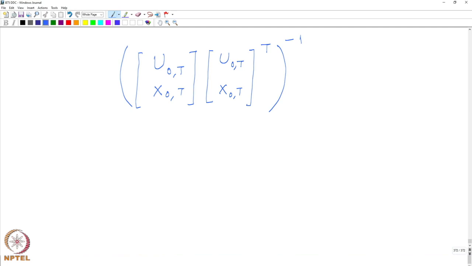This can be multiplied from the left by [u_0t; x_0t] transpose.